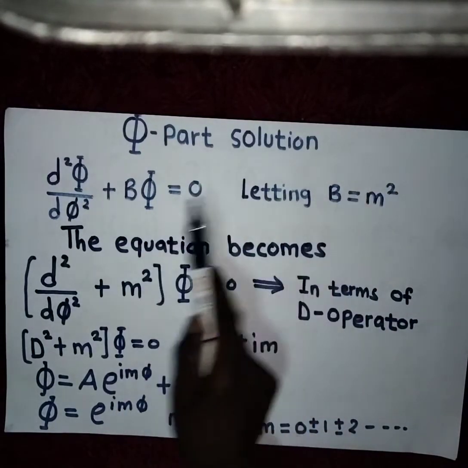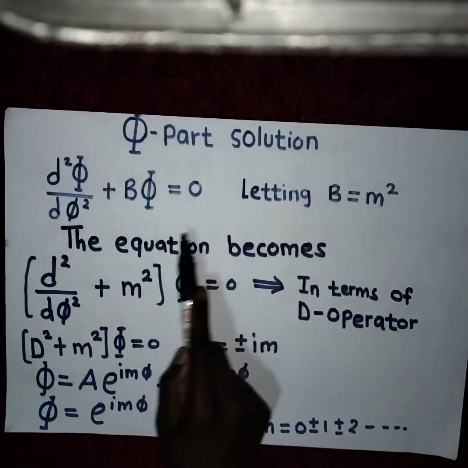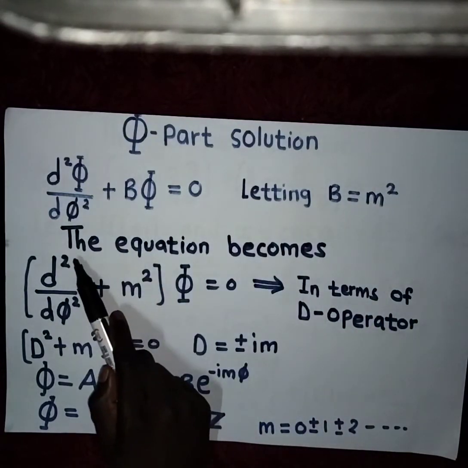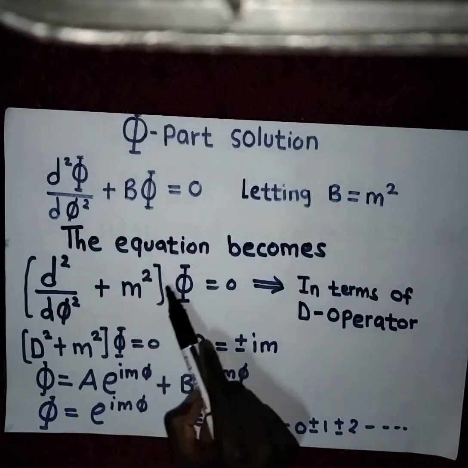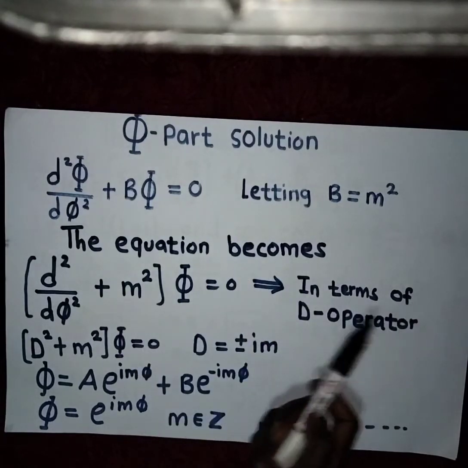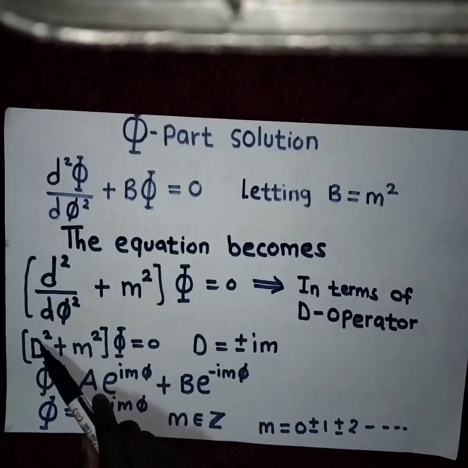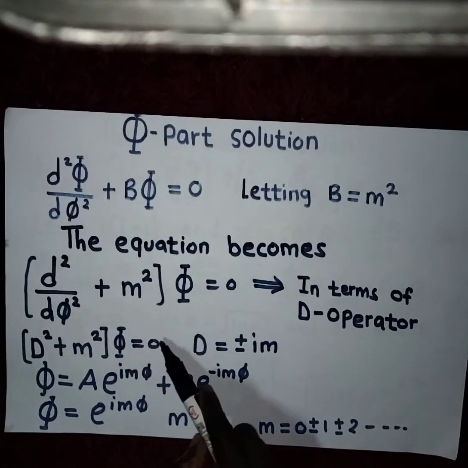I can't have that unless I let b be a given value which is squared. So the equation becomes d squared phi over d phi squared plus m squared phi is equal to 0. Then in terms of the D operator, I have D squared plus m squared into phi is equal to 0.